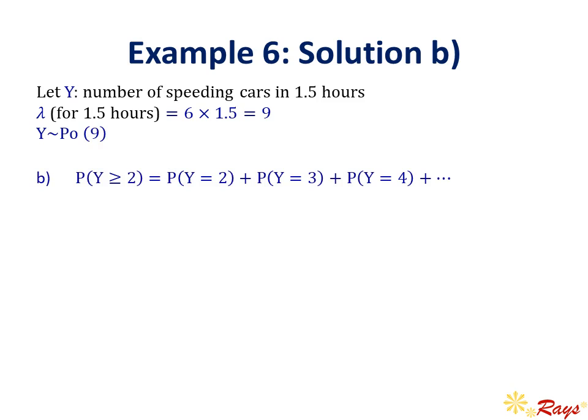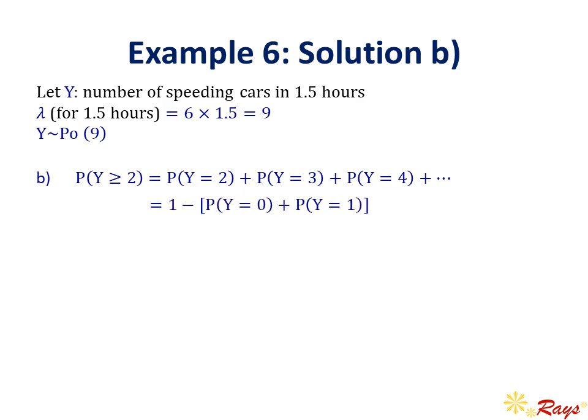The question is asking for at least 2 cars. At least means the minimum is 2. It can be more. So if we list down, we can see that we are asked to find the probability of y equals 2 until forever.